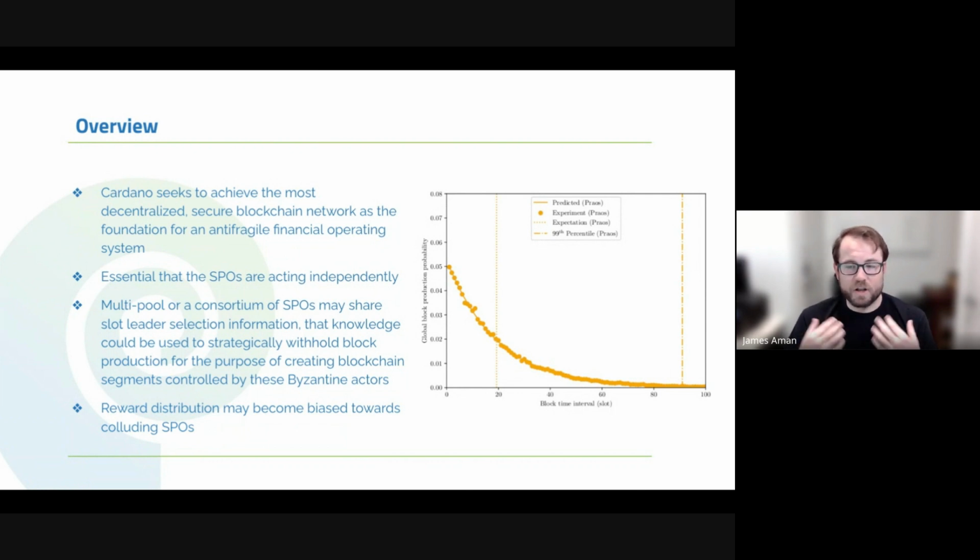If Cardano is seeking to achieve the most decentralized and secure blockchain to be the foundation of the global financial ecosystem, then knowing and being able to identify any minute biases in the network is really crucial to maintain robustness and fairness throughout the entire block production and consensus process.